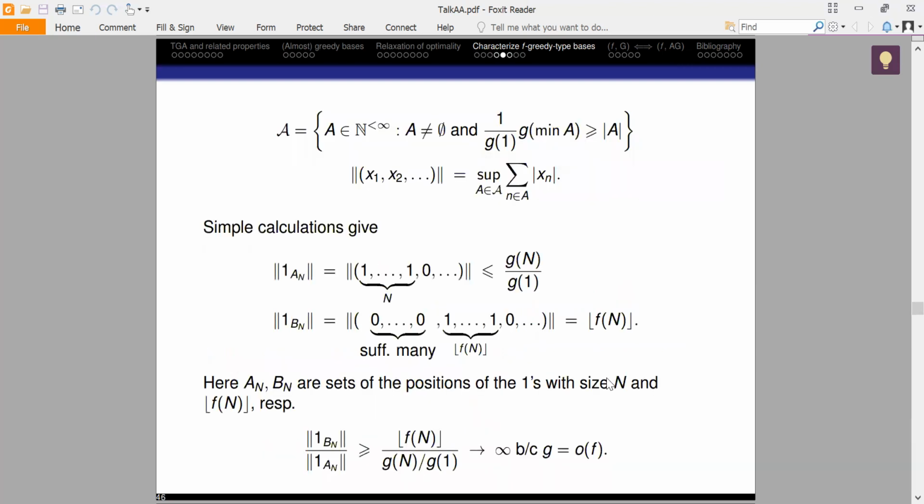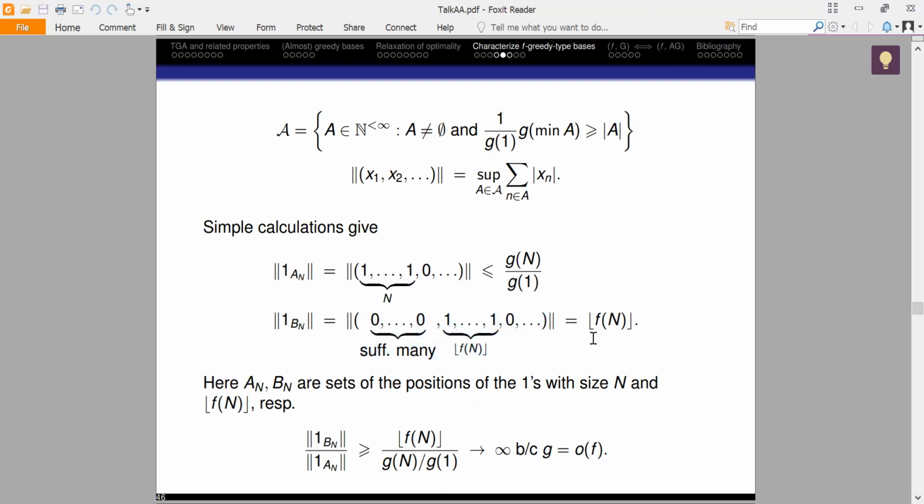But let's do some calculation. If you look at this vector, it is a bunch of ones at the beginning, like n ones. Then the norm of this is at most g(n) over g(1). If you look at this vector, but now you push all the ones to the right sufficiently far enough, right?